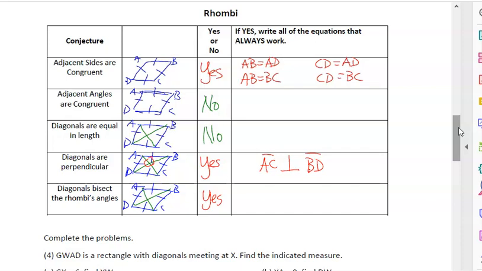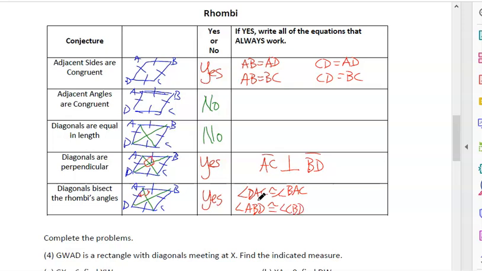So this one has a little more writing to do, but I'll start here with angle A up here. So angle DAC is congruent to angle BAC, there's two angles at A. At B, angle ABD is congruent to angle CBD.